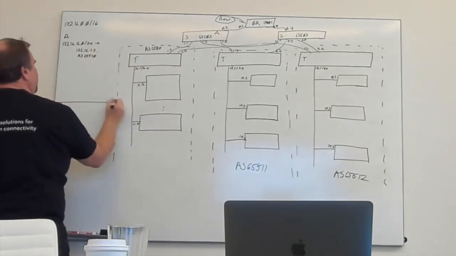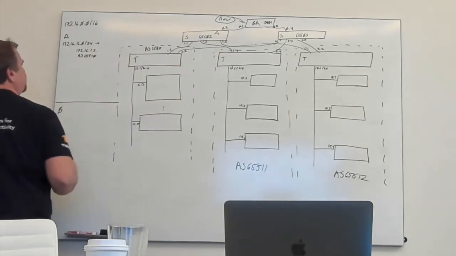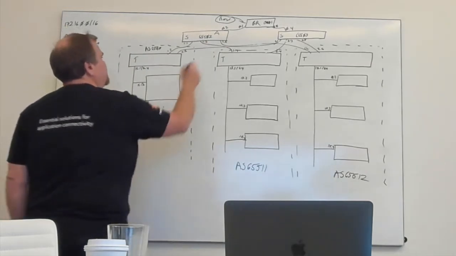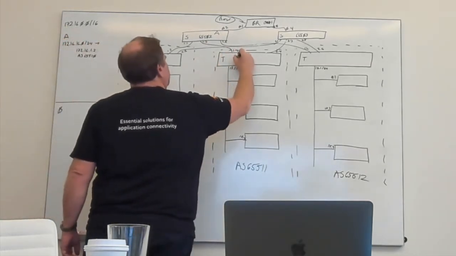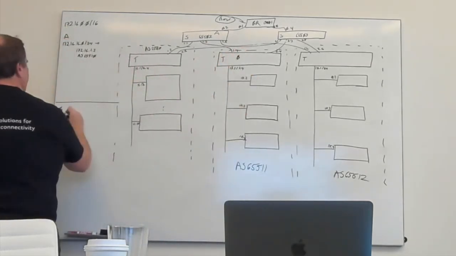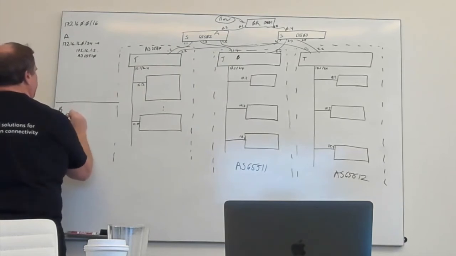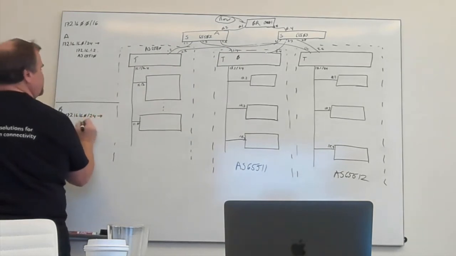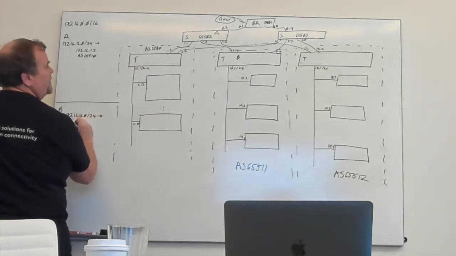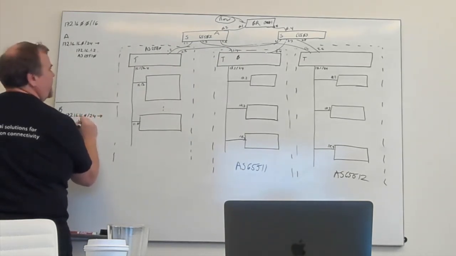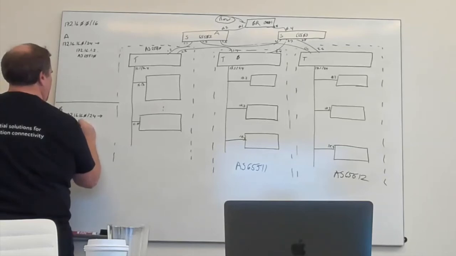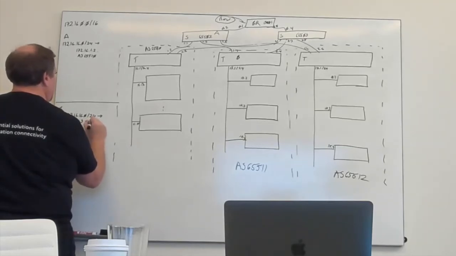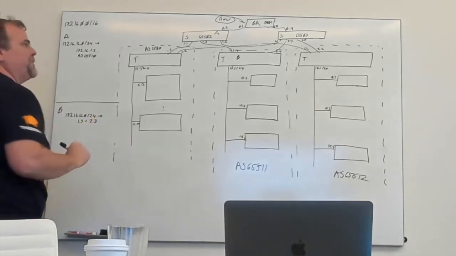So routing table B, which is here, will say that for 172.16.16.0/24, the next hops it's going to now know from 2 are 1.3 and 2.3. So it now has two paths to get to it.